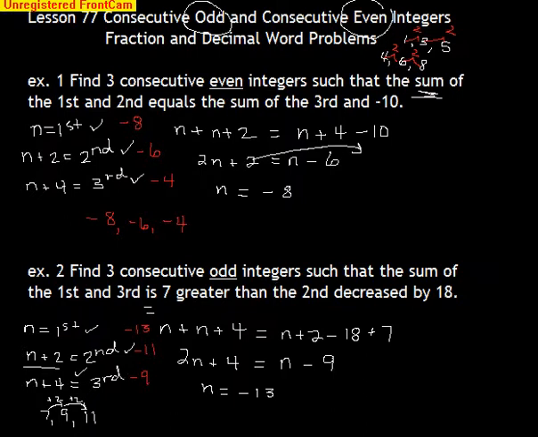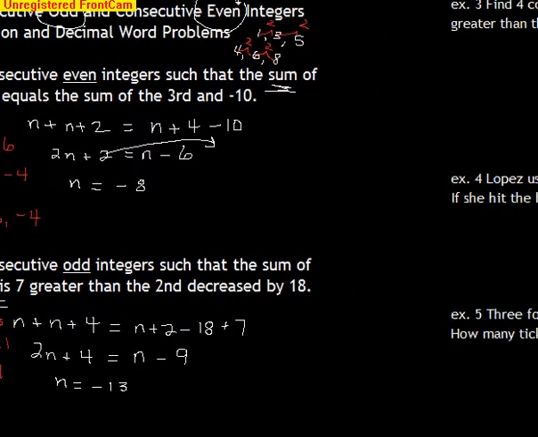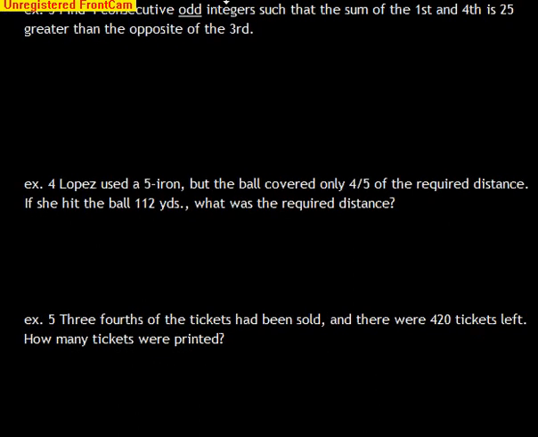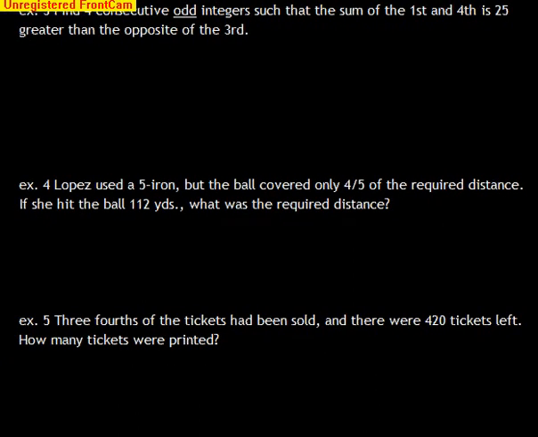Okay, let's try one more of these before we go on to the final type of problem. This one is find 4 consecutive odd integers such that the sum of the first and the fourth is 25 greater than the opposite of the third. This time they want 4, so we're just going to take it one step further.